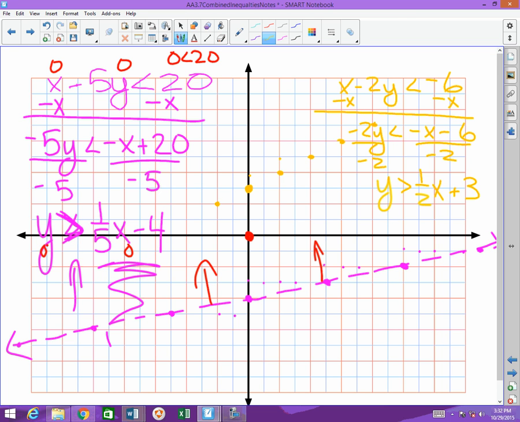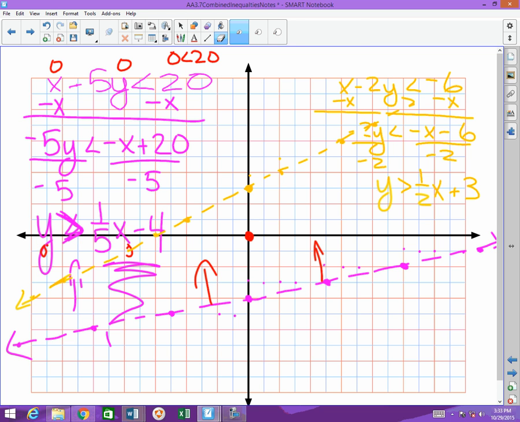And down 1 and over 2 as well. And so our line is going to be, and this one is also just less than. So we have to dash it.